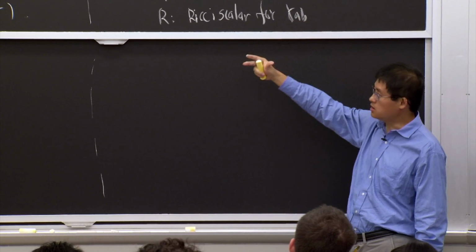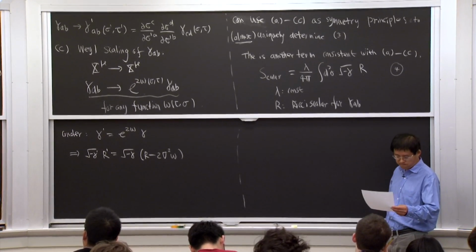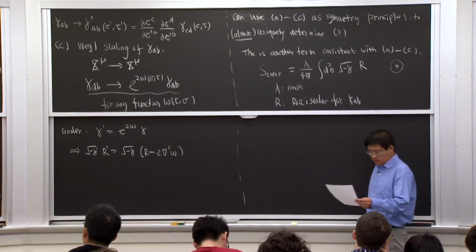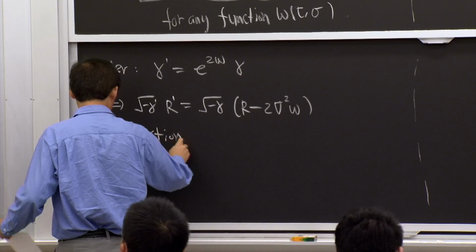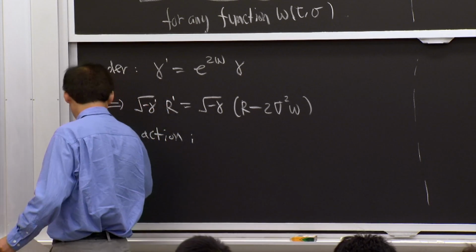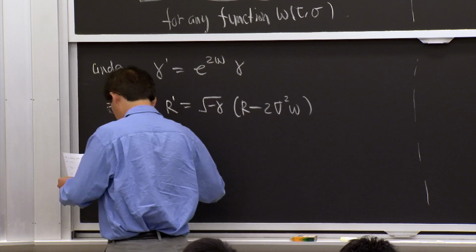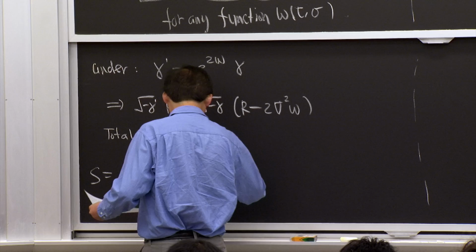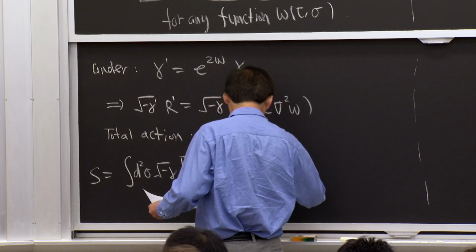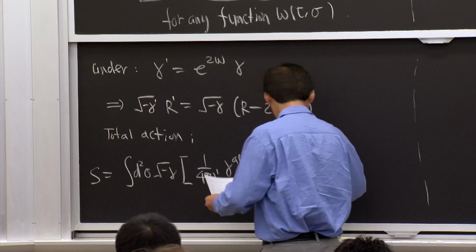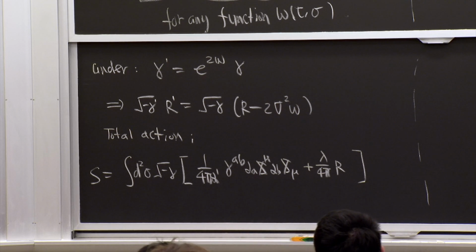These two terms, 3 and 4, are the only terms invariant under A to C. There's no other terms. So this is our total action.